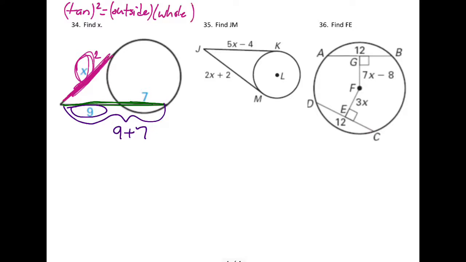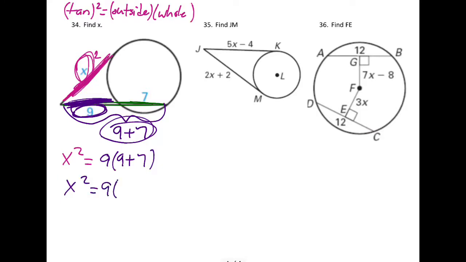So now on our tangent, we have x squared equal to, and then our secant, we have 9, which is our outside piece, the part that's poking out the circle, times the expression we used for the entire length, which is 9 plus 7. And so if we simplify, we get x squared equals 9 times 16.